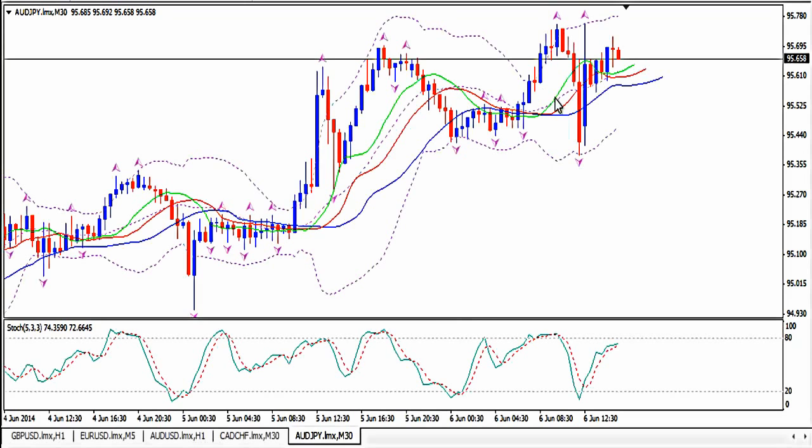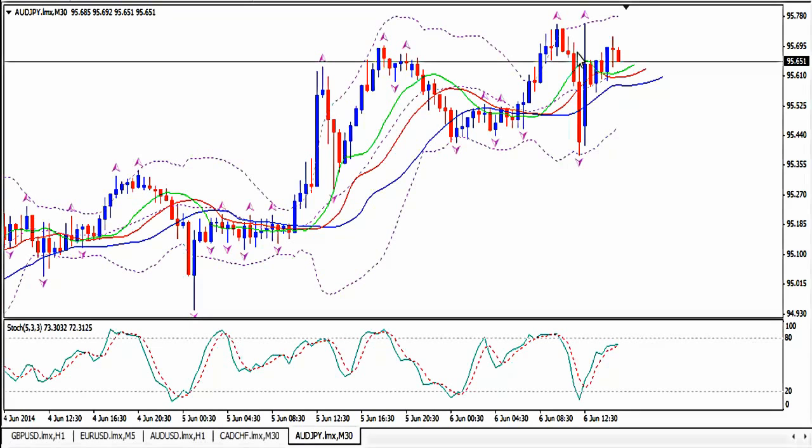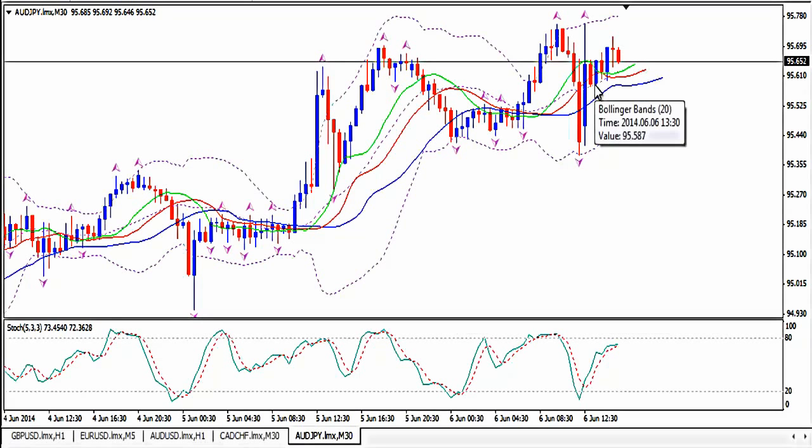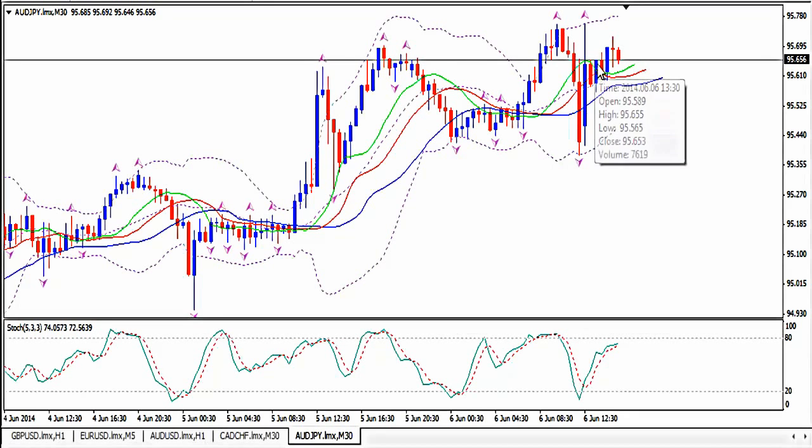On the M30 time frame, the stochastics are very close to the 80 level line, and although the leading alligator is curved upwards, we are a bit far away from the down fractal, and the candlestick that crossed above the green line, the alligator's teeth, was here.